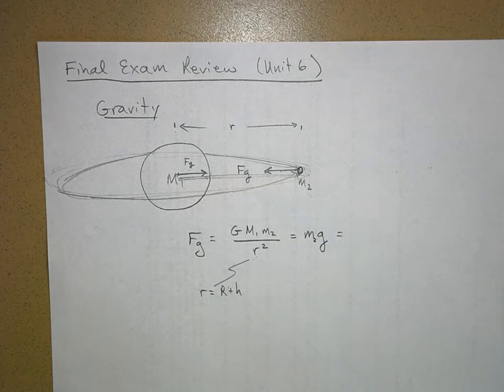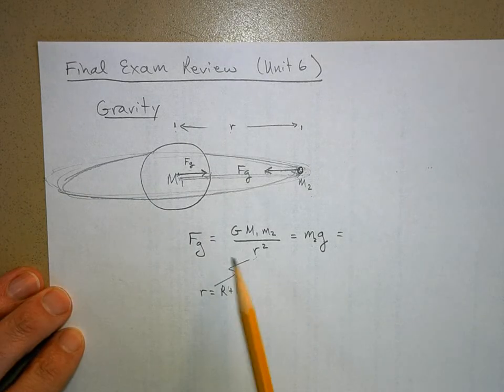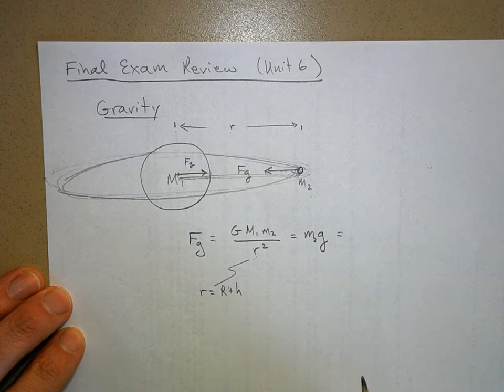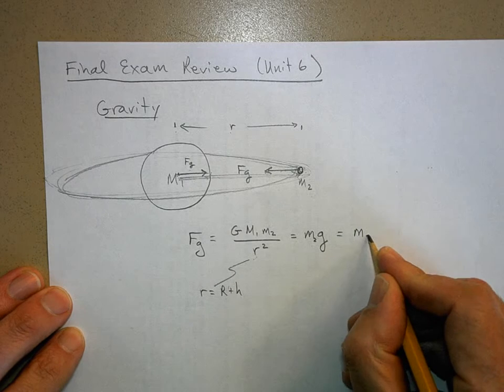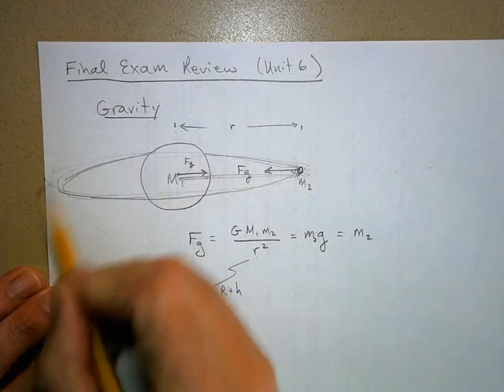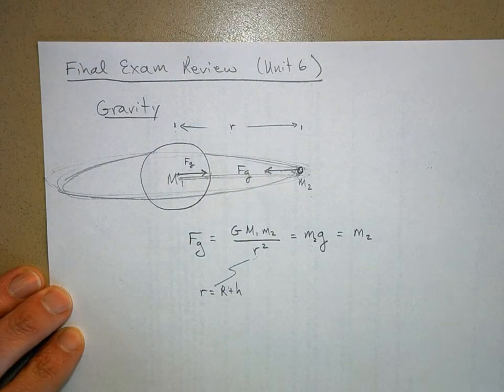What makes things move in a circle? A centripetal force. So this force of gravity is a centripetal force. And what is a centripetal force? It's the mass of my object that's moving in a circle times the centripetal acceleration.